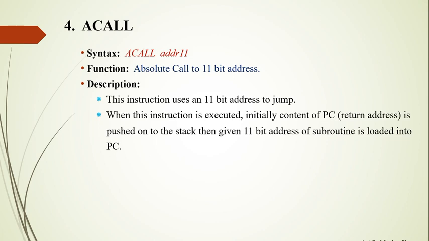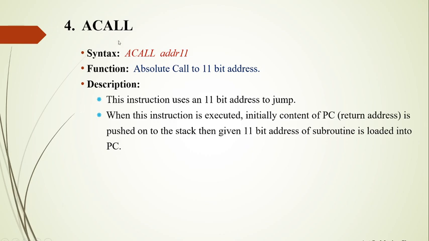When this instruction is executed, initially the content of PC is pushed onto the stack, and then the given 11-bit address of the subroutine is loaded into PC. PC is nothing but the program counter, which holds the address of the next instruction to be executed.